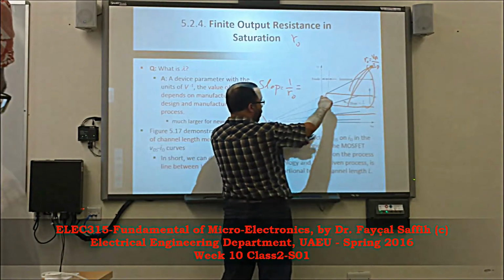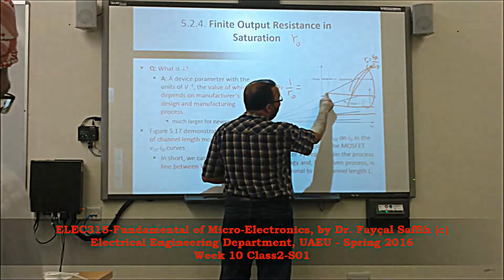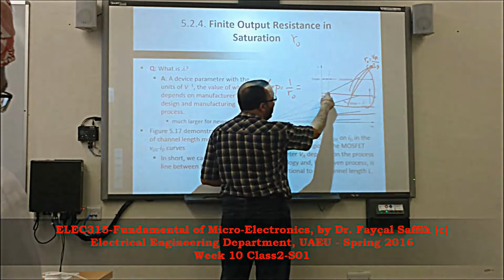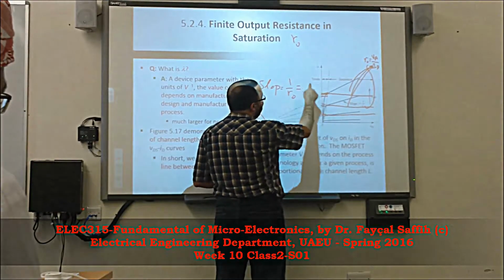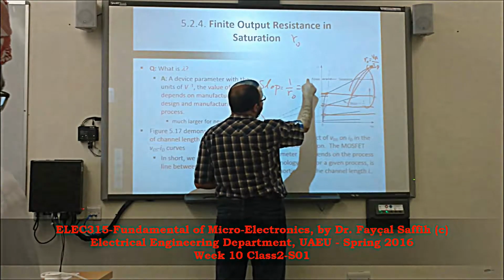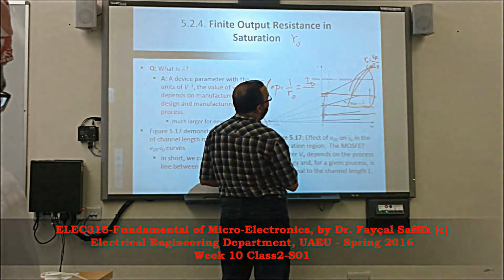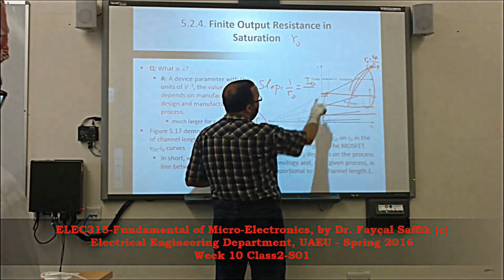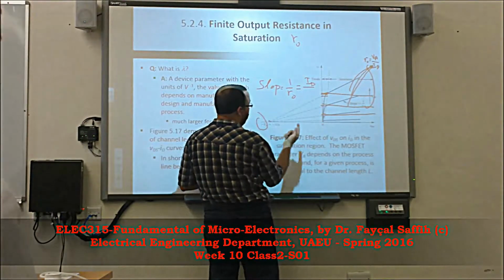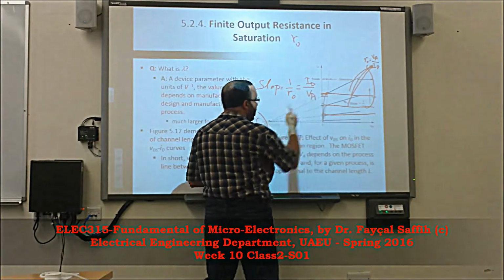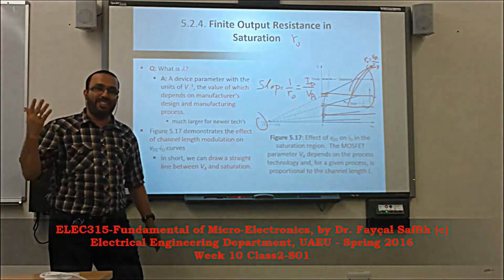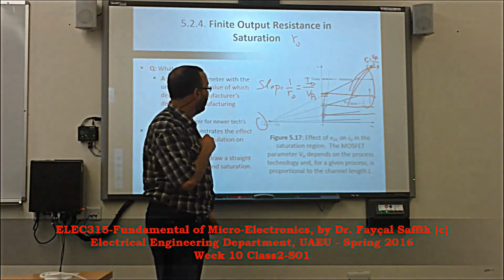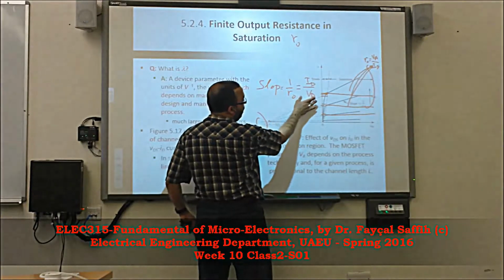This is almost like ID, my current. Divided by this distance, which is VA. He named it VA, the voltage he found. Early found it, and now his name is ringing all over the world. So now R0 is nothing but VA/ID.